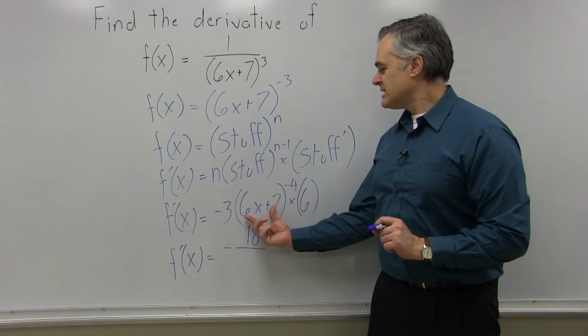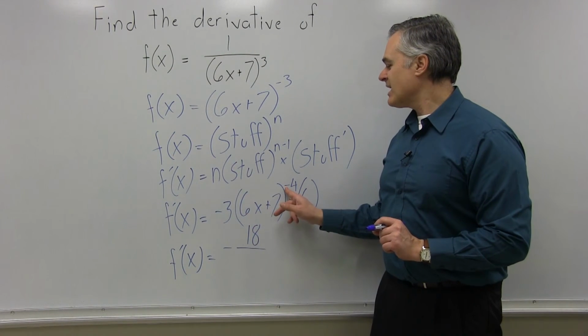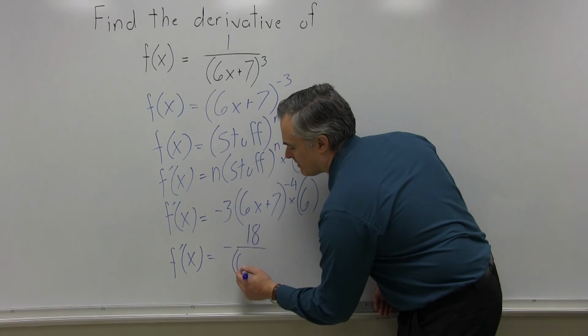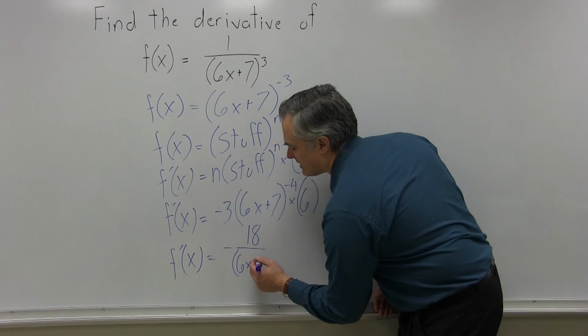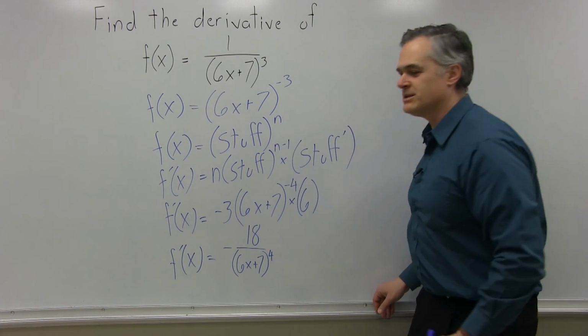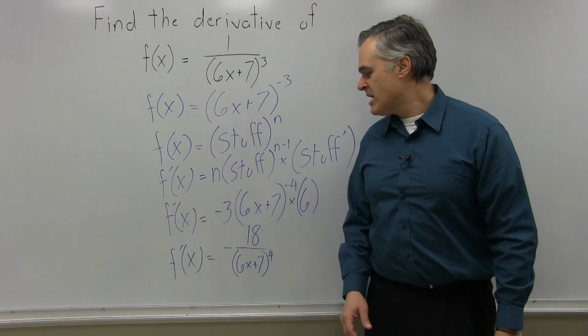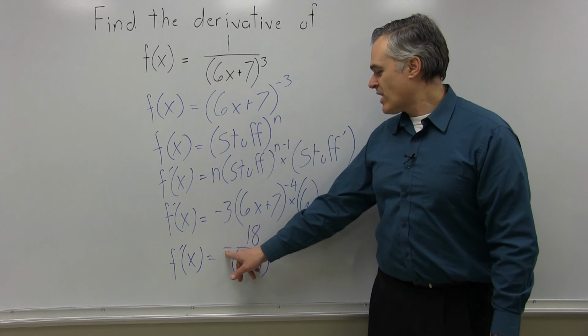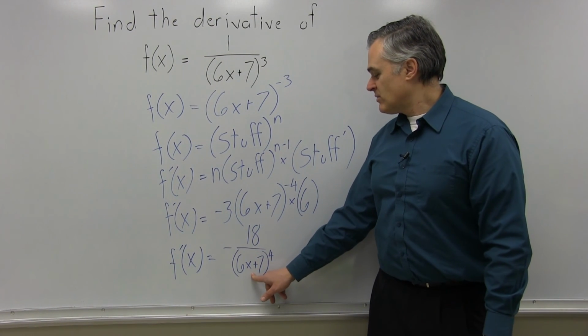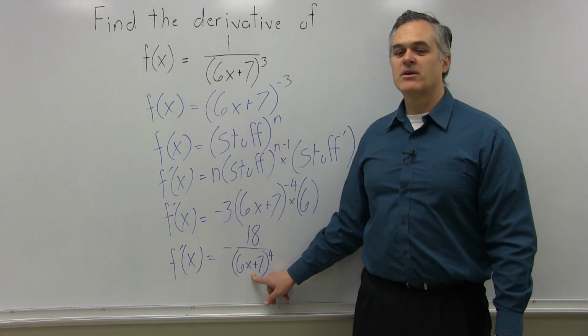So what I'm going to do is the (6x plus 7) to the negative 4th power, if you want, can be put in the denominator. So I'll have 6x plus 7 in parentheses, and when it's in the denominator, the exponent will be positive 4. So if you do want to clean it up, it can be written as a negative fraction with an 18 in the numerator, and (6x plus 7) in parentheses to the 4th power in the denominator.